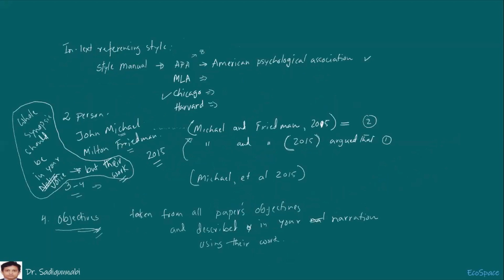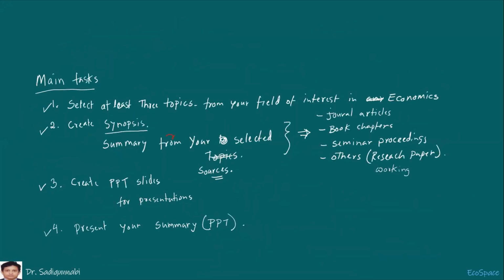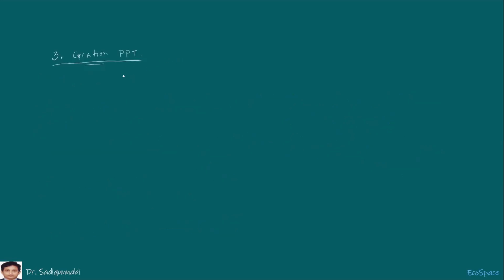And I have said that you have, what are your tasks? Main task is we have done this one, we have done this one. Now we are going to discuss about 3 and 4. So what is 3? Creation of PPT slide. So you are going to convert your synopsis into PPT.